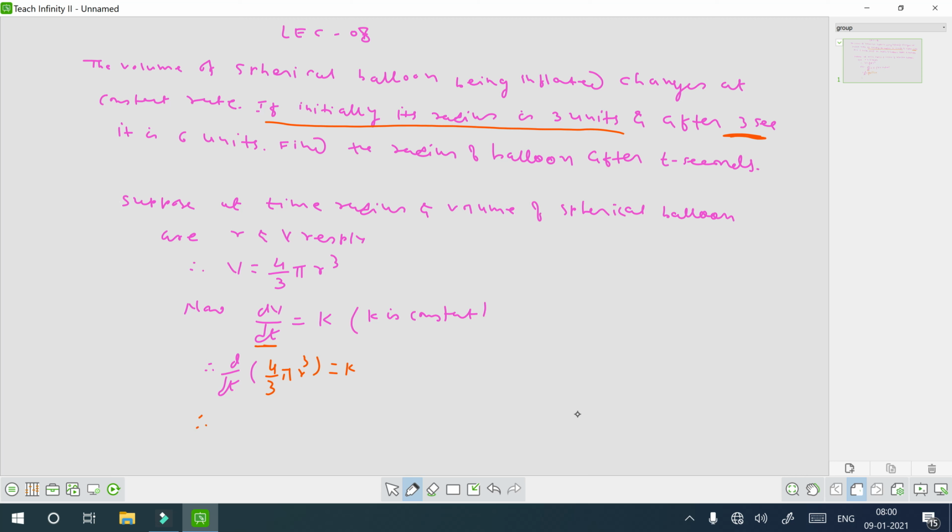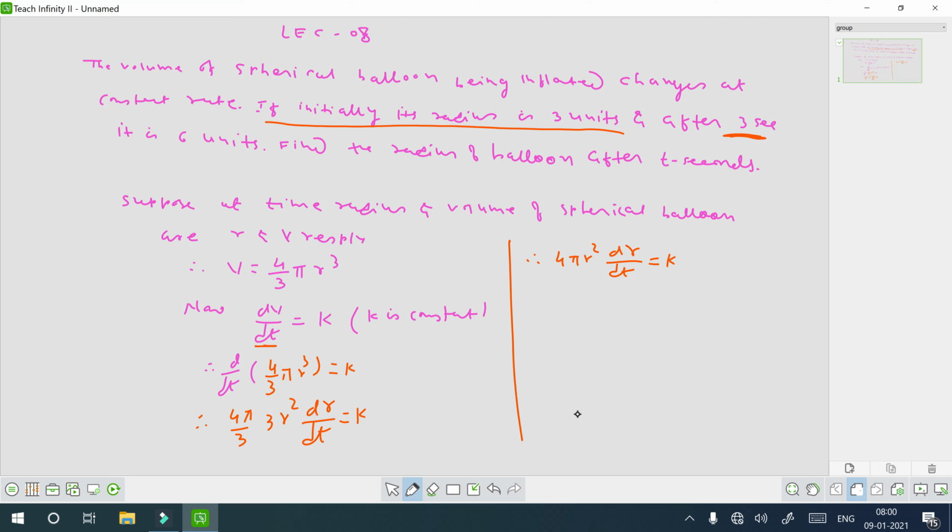So what we get here? 4 pi by 3 into 3r square dr by dt is equal to k. This is the important thing. Clear? So what we get? Therefore 3 gets cancelled. 4 pi r square dr by dt is equal to k.